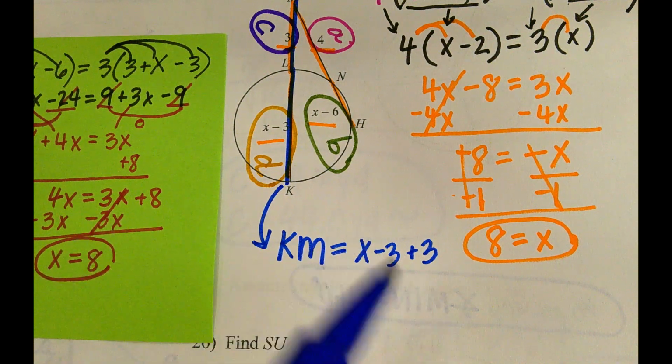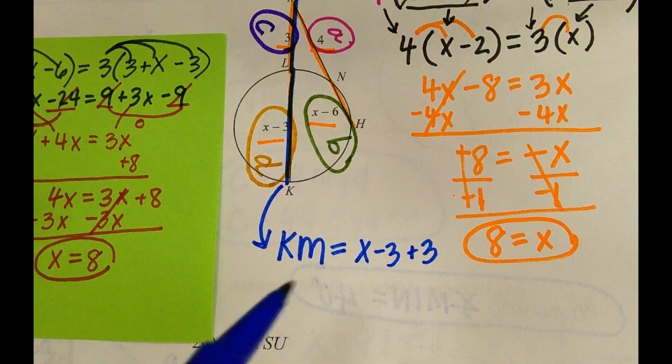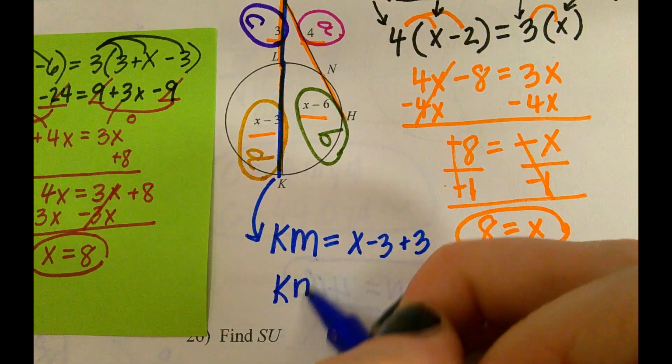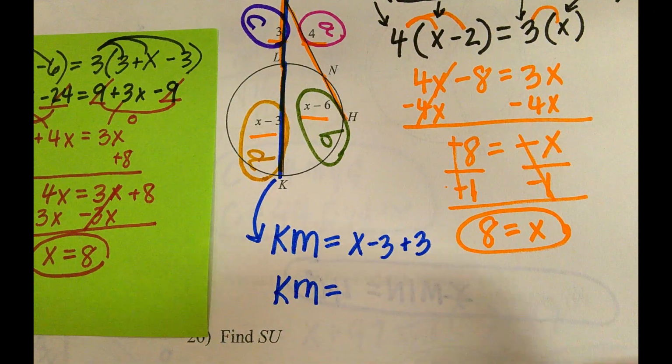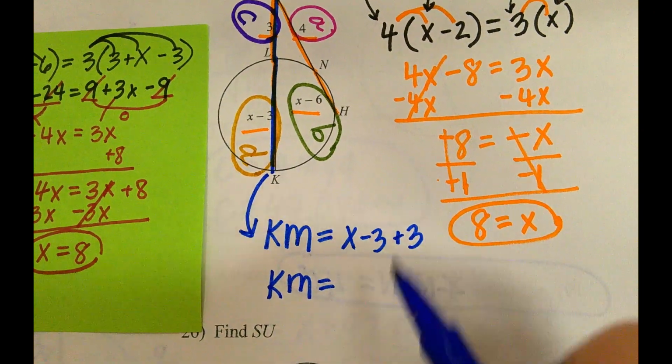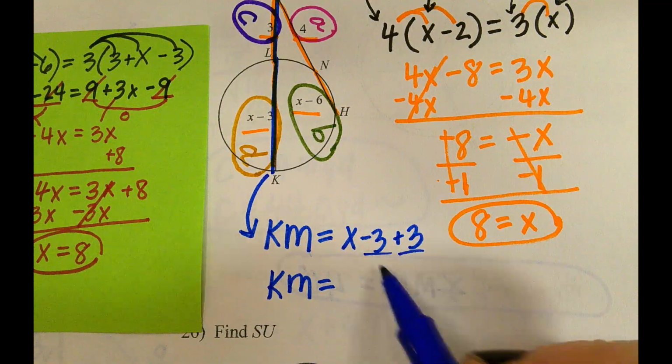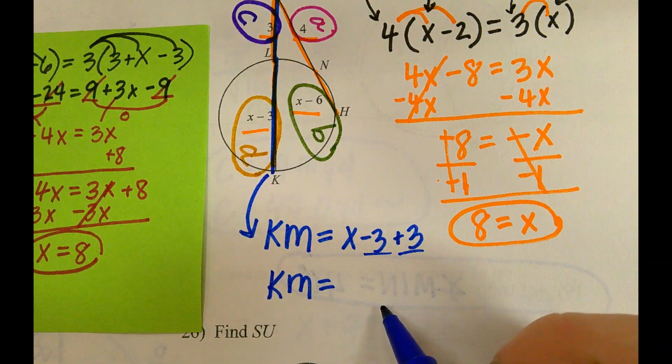Now that I know I'm going to be adding x minus 3 plus 3, when I combine my like terms, what is KM equal to? What happens with minus 3 and plus 3?